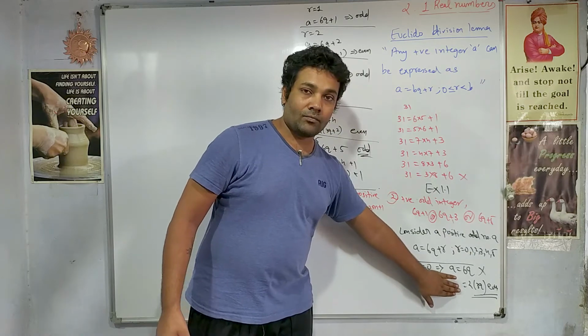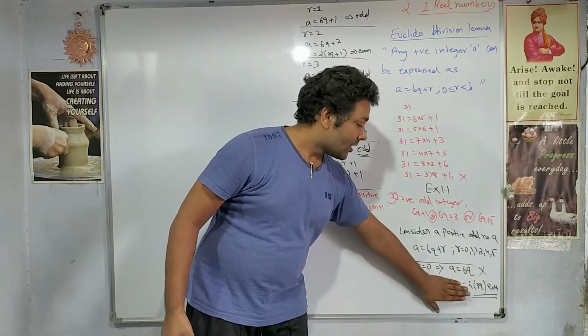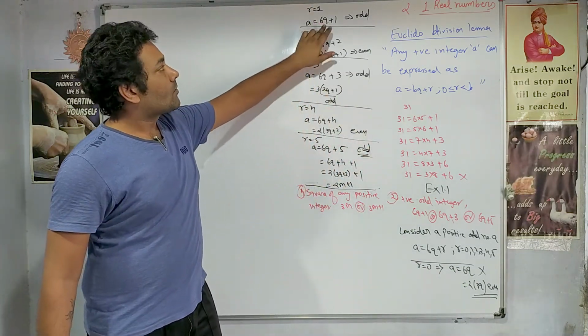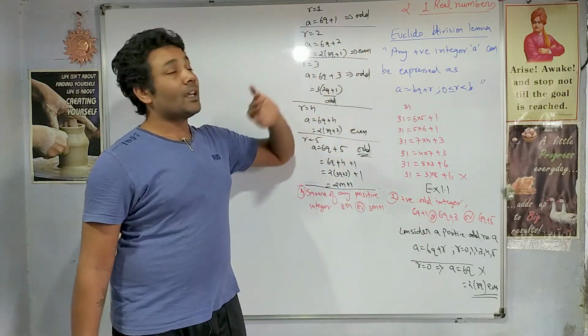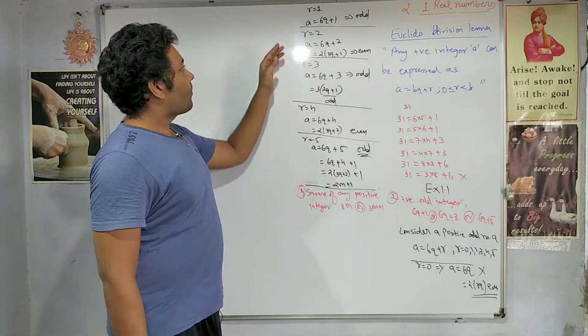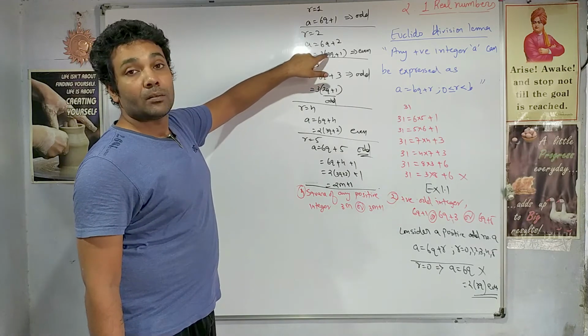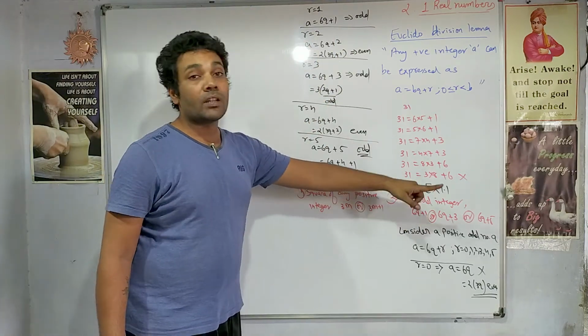We have also proved that it is a multiple of 2 and an even number, hence this does not fall into this category. If we take r equal to 1, the format is 6q plus 1, it falls in this category. Yes, it is an odd number, right? R equal to 2, we have shown that it is a multiple of 2, so it represents an even number, hence it does not fall into this category.